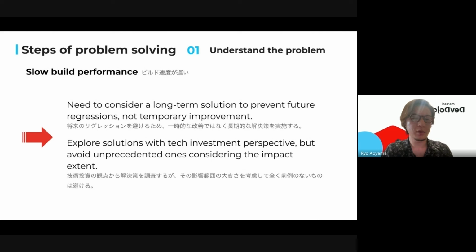Therefore, we will conduct an investigation from the technical aspect as well. Build speed impacts the day-to-day development work of all engineers significantly. So when we think about that scope of impact, we wanted to avoid introducing something that did not have any precedence.